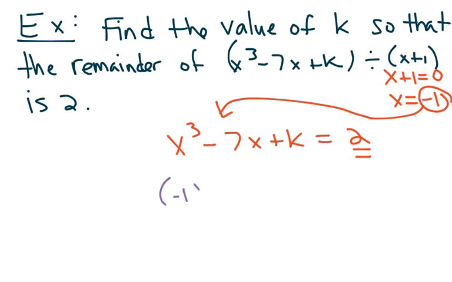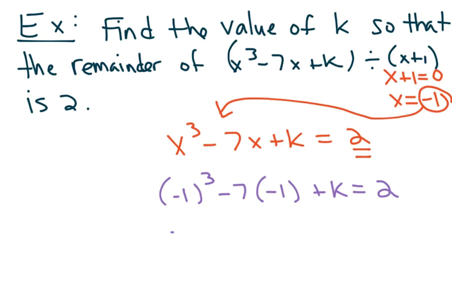So what we're going to do is plug in -1 for x, and then solve this equation for k. Again, the way the Remainder Theorem works is if you set the divisor equal to 0, solve for x, and you plug that number in for x into the dividend, the answer you get when you're done simplifying is the remainder.